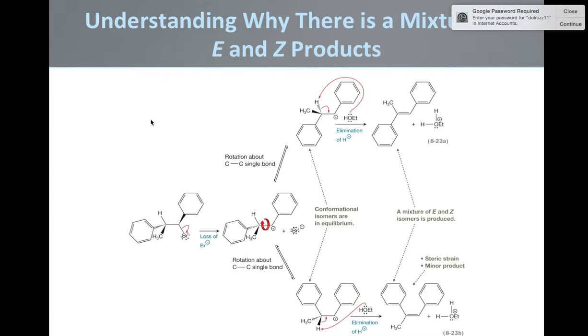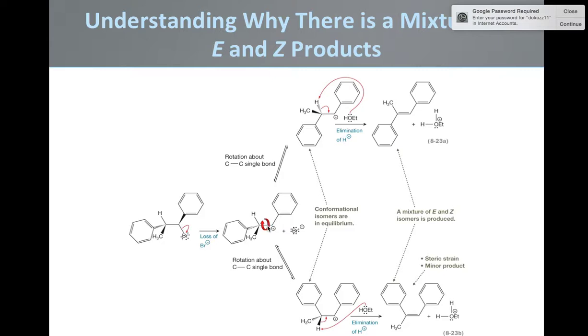So now let's discuss why we get a mixture of products in the E1 mechanism. Remember, the E1 mechanism is a stepwise mechanism, meaning that we're going to have loss of a leaving group, or heterolysis of the carbon-bromine bond, which of course is going to generate a carbocation.